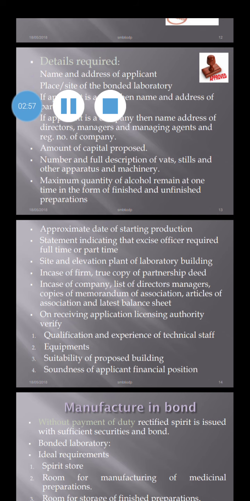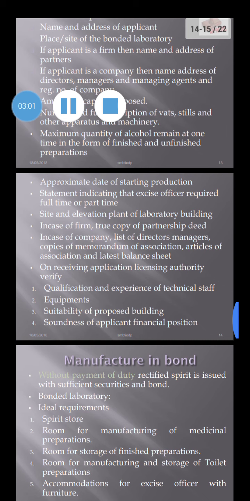Then the site elevation and plan of the laboratory building. In case of a firm, a true copy of the partnership deed. In case of a company, a list of directors and managers, copies of the memorandum of association, articles of association and the latest balance sheet.